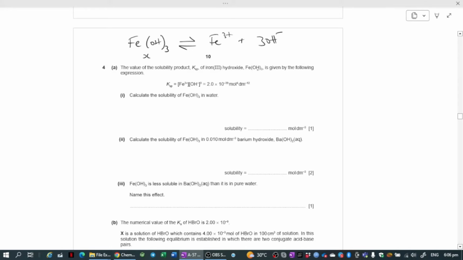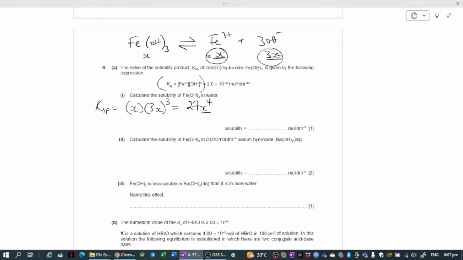So if we have X moles of the hydroxide, we get X moles of iron 3 and 3X moles of the hydroxide ion. And if we substitute this into the KSP expression that we have here, it means that the KSP is equal to X times (3X) cubed, which becomes 27X^4.